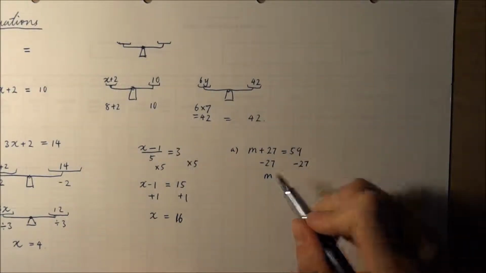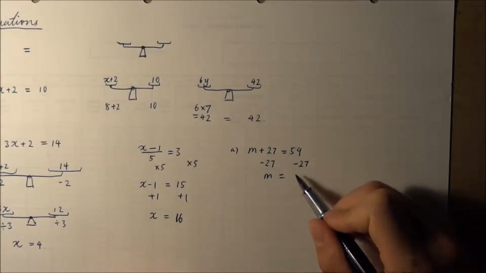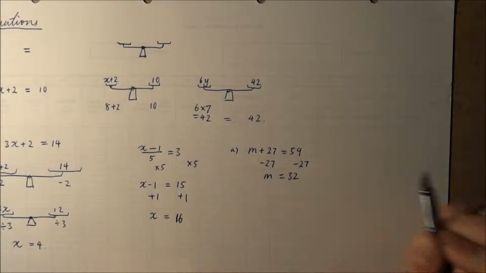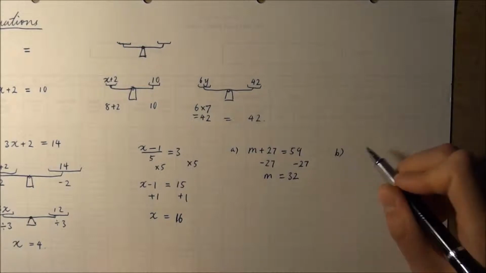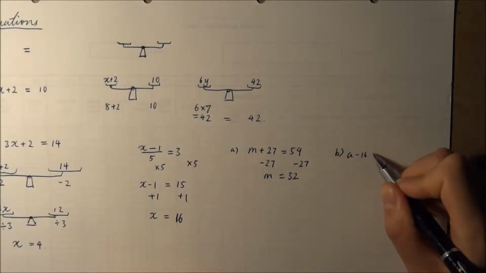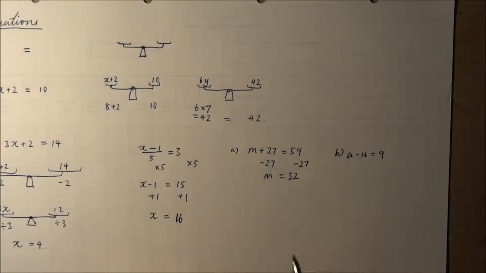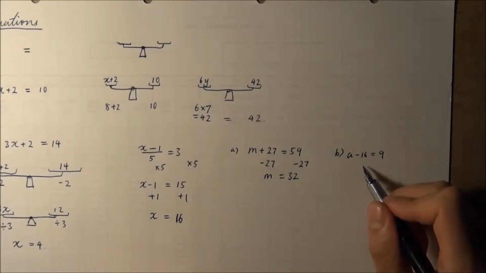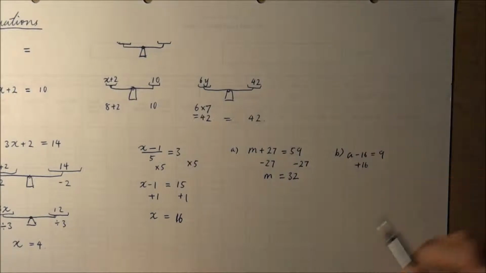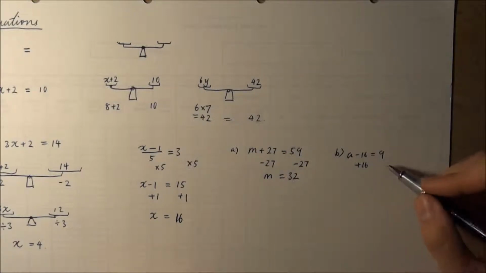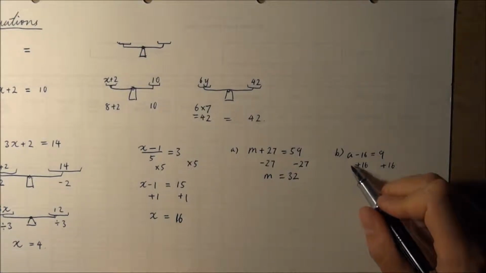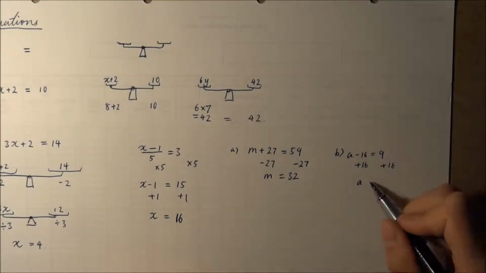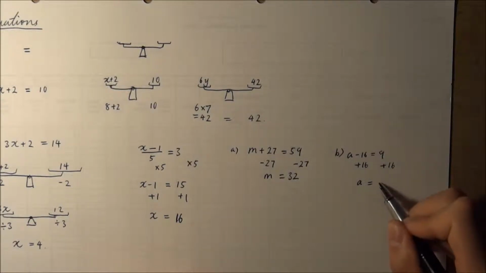So we end up with m, and 59 minus 27 gives us 32. Now, next one. a minus 16 equals 9. So we have a minus 16 here. We undo it by plus 16. Then to ensure that the equation remains in balance, we add 16 to the other side of the equal sign as well. So these two cancel out. We have a equals 9 plus 16, 25.